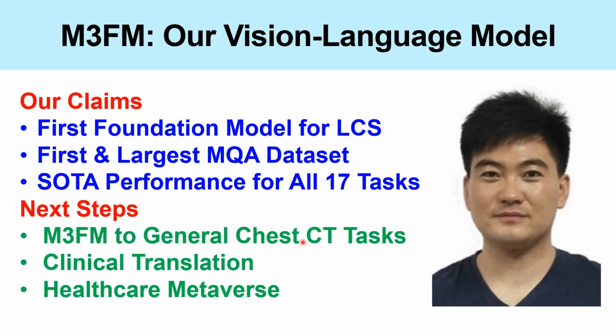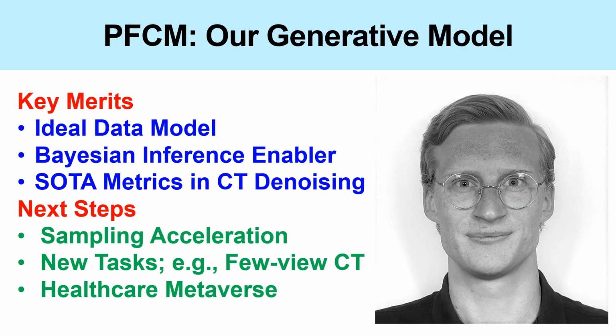Also, we developed the Poisson flow consistency model as our generative model, and this represents a very strong prior knowledge on the original high-quality dataset. And this is an ideal data model and good for different kinds of Bayesian inference. And the denoising is just an example. It also delivered state-of-the-art performance at high computational speed.